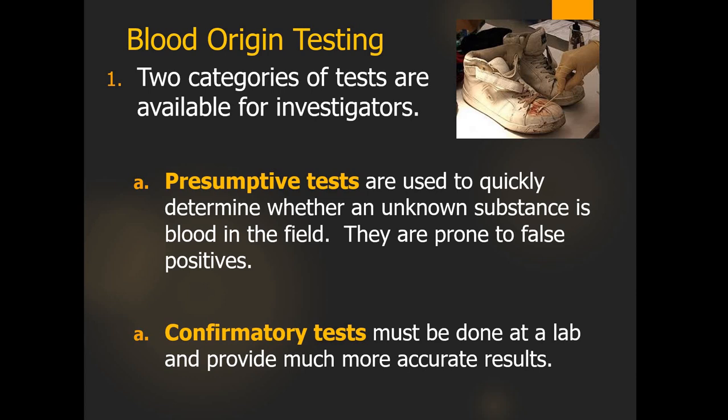Confirmatory tests have to be done in the lab, and these are tests that give me much more accurate results. I can tell a lot more about the test itself, and DNA would be in that confirmatory test. So presumptive just lets me know in the field, is it blood or is it ketchup or whatever. Okay? Okay to go on? Everybody's got a definition for each of these?